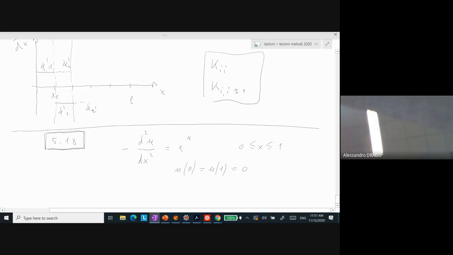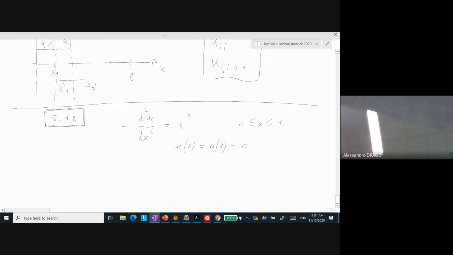Okay. So this equation can of course be solved analytically. You just need to integrate the equation twice, and the exact solution, let's call it u of x, is minus exponential of x plus (e minus 1) x plus 1.